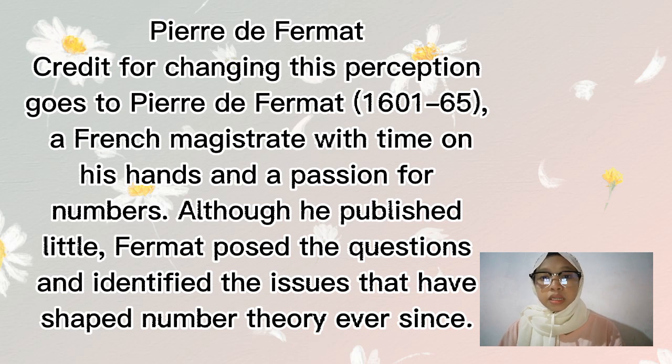Fermat asserted that any prime of the form 4k plus 1 can be written as the sum of two squares in one and only one way, whereas a prime of the form 4k minus 1 cannot be written as the sum of two squares in any manner.